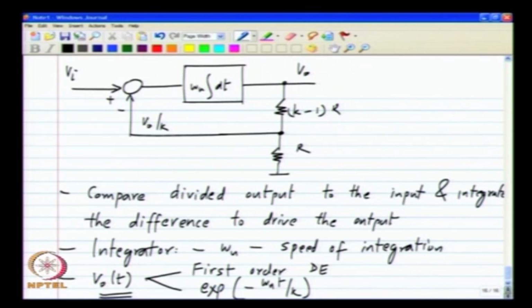So based on this you can calculate how fast it reaches steady state. When I say it reaches steady state, it never exactly reaches steady state, it reaches a certain percentage of the steady state. Depending on your application you can decide how much that percentage is, it could be 99%, 99.9% or 90%, whatever it is. We evaluated some numerical examples for 99.9%. So if you start with 0 initial conditions, to reach 99.9% of steady state you have to wait for 4.6 times k divided by omega u.